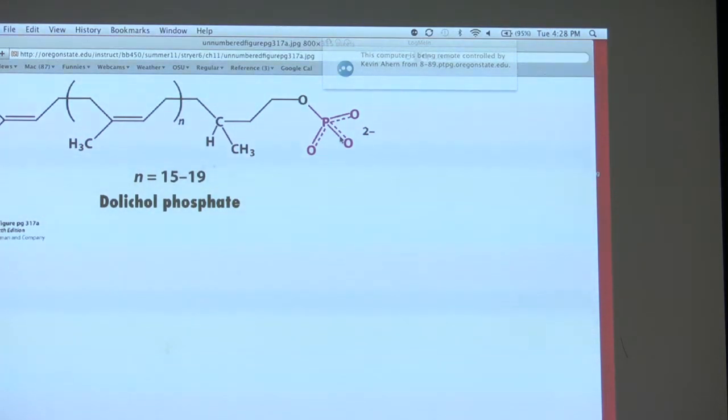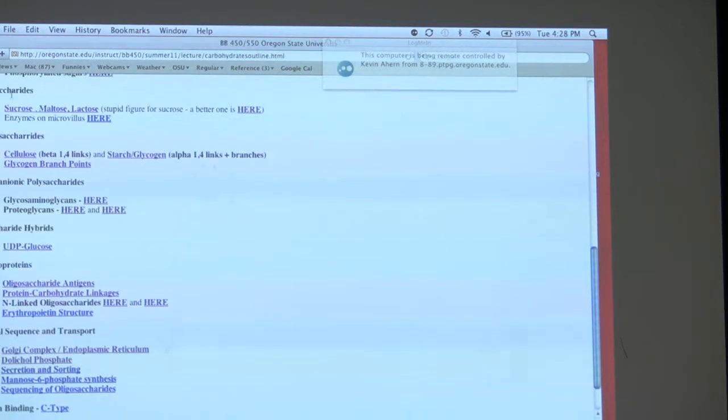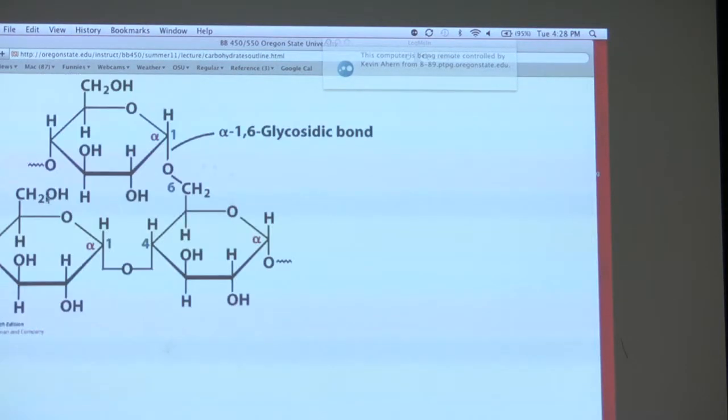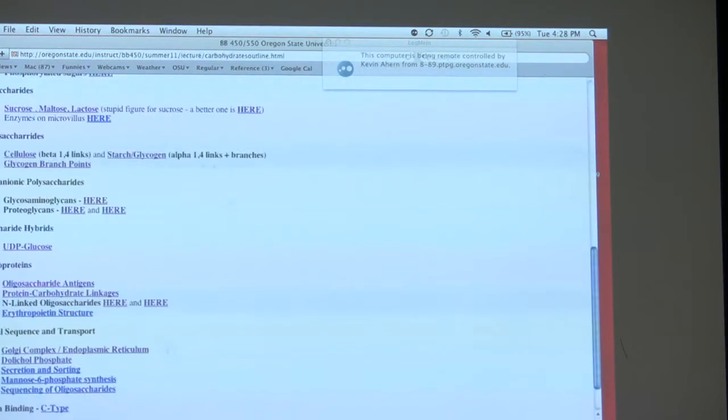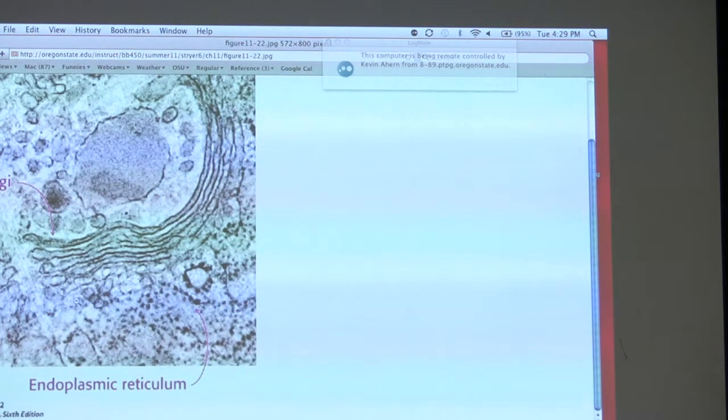So if we think of the endoplasmic reticulum as being an enclosed organelle in the cytoplasm, if we go back to our figure, when we look at the endoplasmic reticulum, all this stuff out here surrounding it is cytoplasm, right?